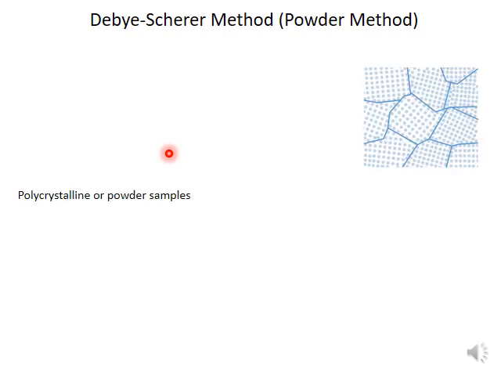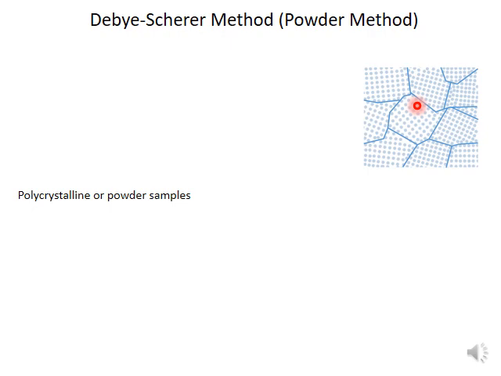In this case, the sample is usually taken as a powder. So the powder consists of crystallites. Crystallites are small crystalline grains or small crystalline pieces. So you have a perfect crystalline order in this region, but in the next region, it's slightly oriented differently as compared to this one.